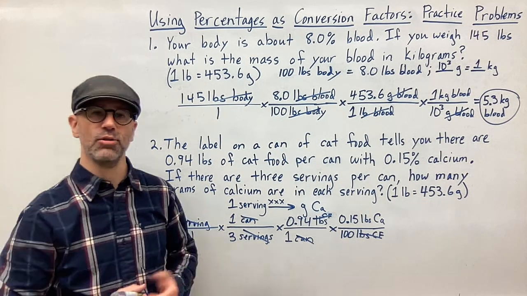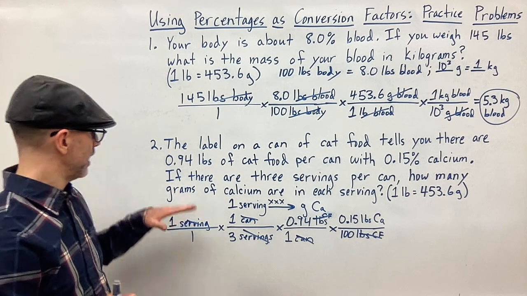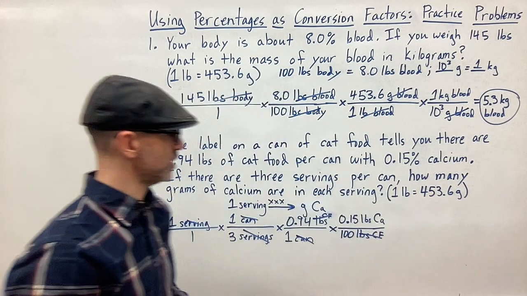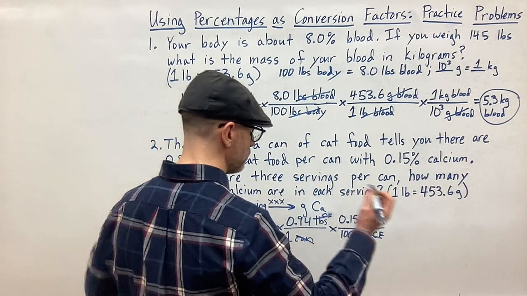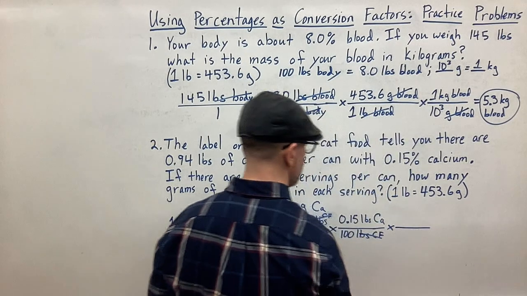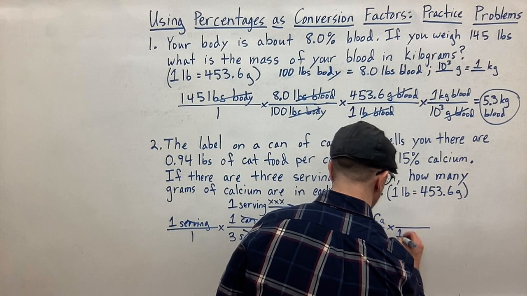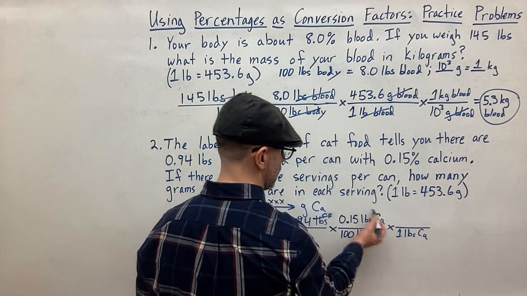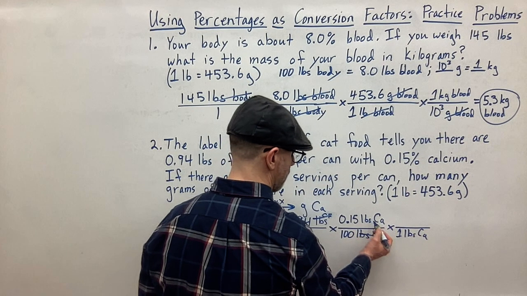So I need to now convert pounds to grams. And I have my conversion factor here. 1 pound is equal to 453.6 grams. So I'm going to use that as my final conversion factor. So I have 1 pound of calcium on the bottom because I have pounds of calcium on top.